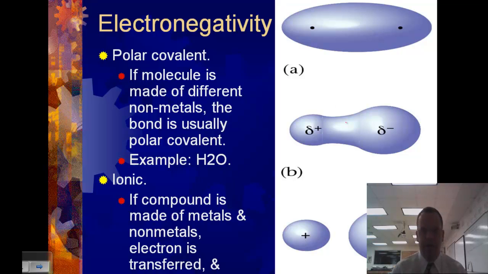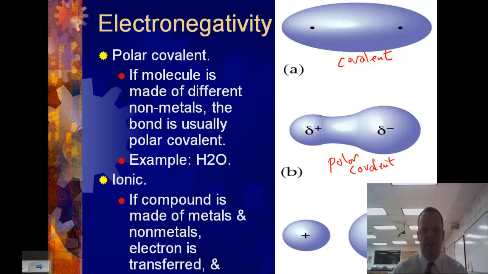So you can see the three pictures here. This is our covalent case. Electrons shared equally, it makes an equally sized orbital. Here's our polar covalent. The electrons are still being shared, but they're spending more time around the right atom, making it partially negative, less time around the left atom, making it partially positive.